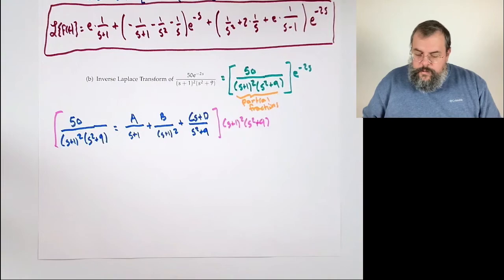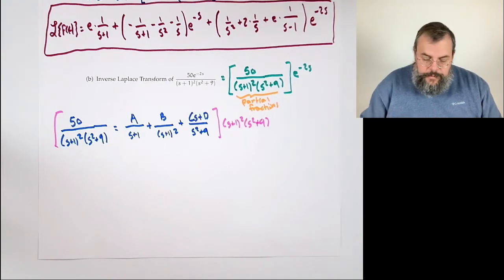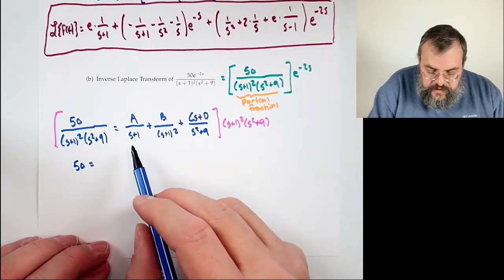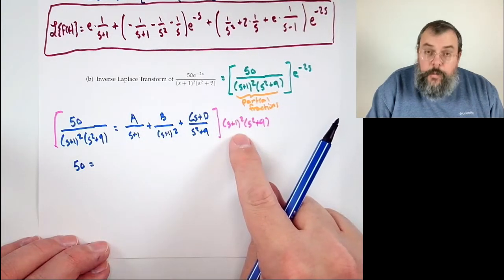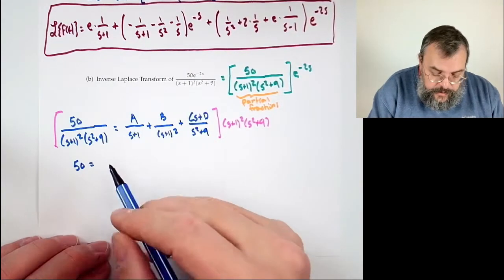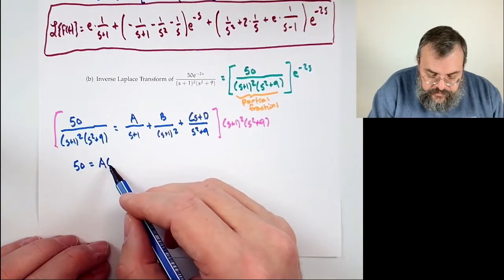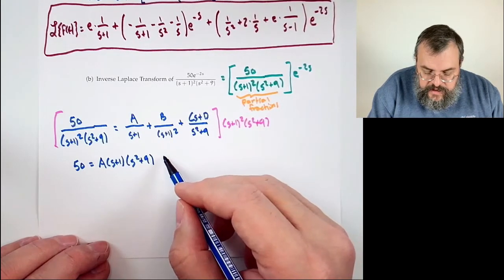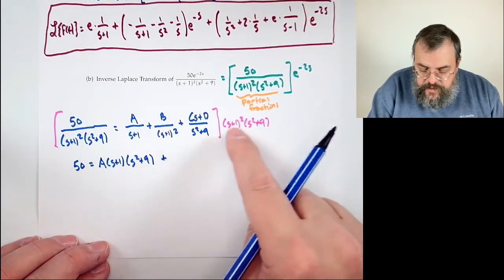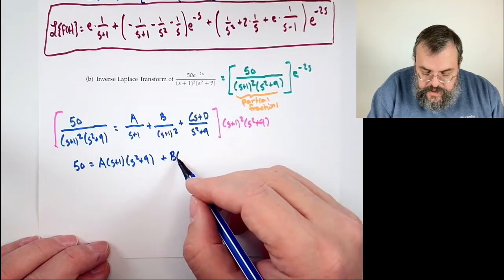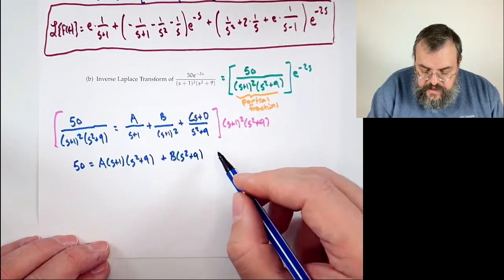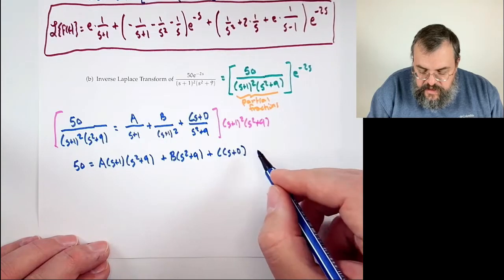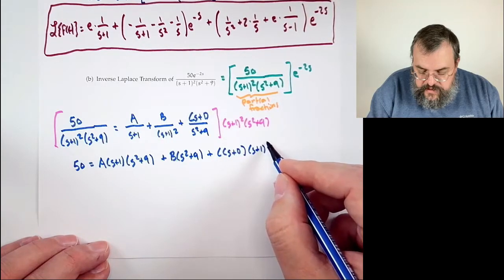So when we do that, we end up with the following. 50 equals, so in the first piece, one s plus 1 cancels, but only 1 does. So you get a times s plus 1 times s squared plus 9. In the second piece, both s plus 1 squareds cancel, b times s squared plus 9. And in the last piece, the s squared plus 9 cancels, so you get cs plus d times s plus 1 squared.